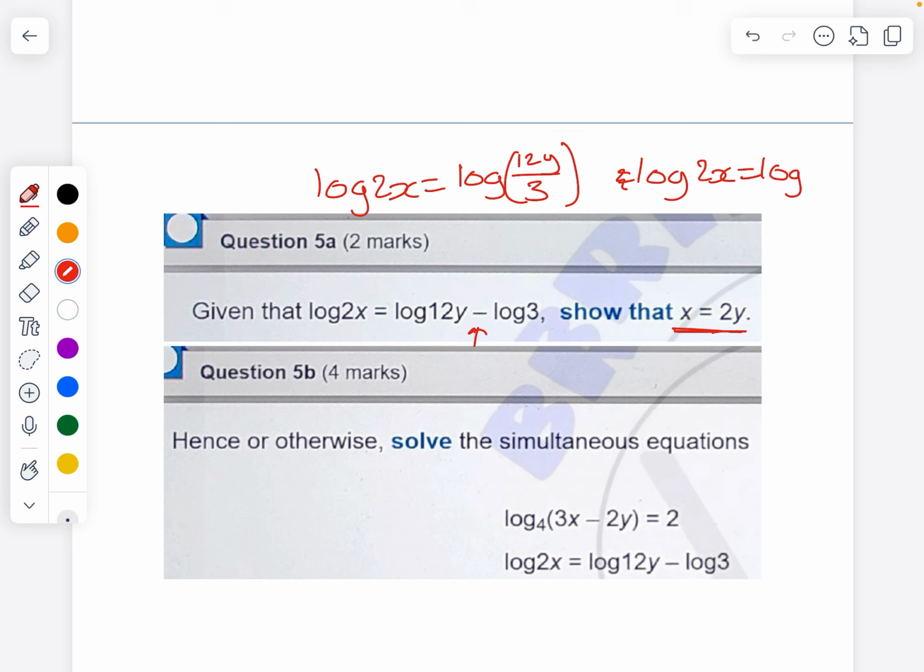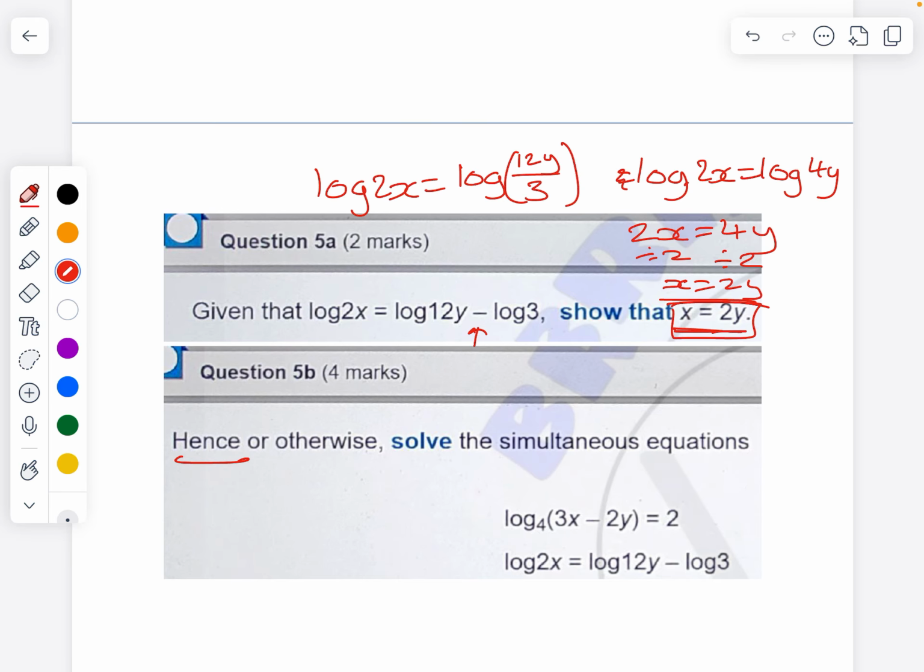So that means log 2x equals log 4y. Okay, so now they are both just log, which is just base 10, which we don't have to write. That means 2x equals 4y. So if you divide both sides by 2, that means x equals 2y. Okay, so we've shown that.